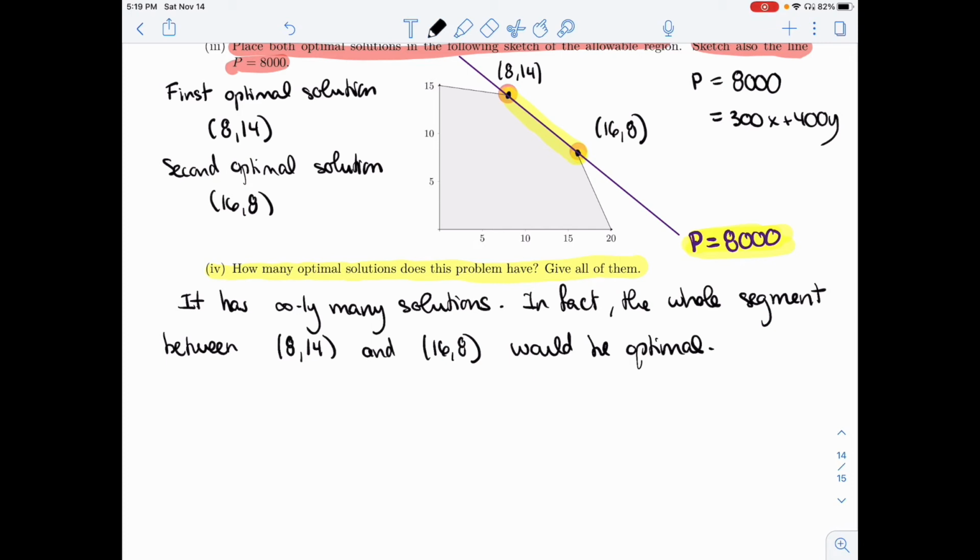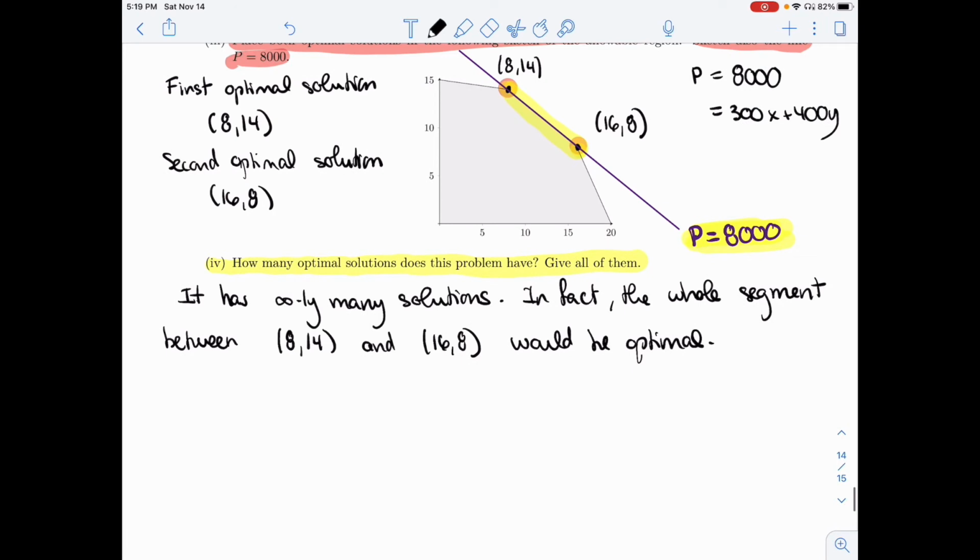And so we need to find a way of writing that entire segment. So let's take x, y. I'm going to get a line. So I'm going to start at 8, 14. So that's A. And then I want to add the vector AB. AB is the vector 8 minus 6.